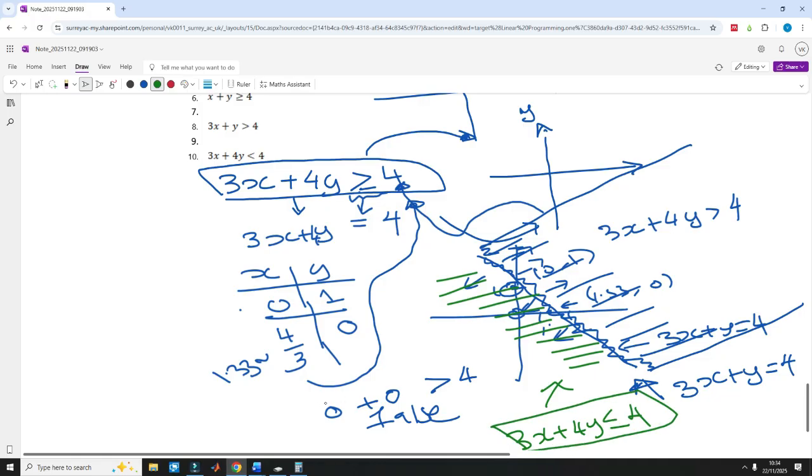Why is that? If you pick one point in this region, which I shaded with the green lines, that is x equal to 0, y equal to 0. If you substitute those values, 0 plus 0, is this less than 4? Yes, which means true. So this region satisfies the condition 3x plus 4y less than 4.